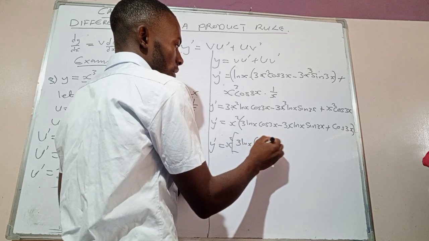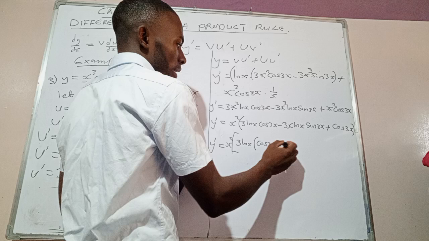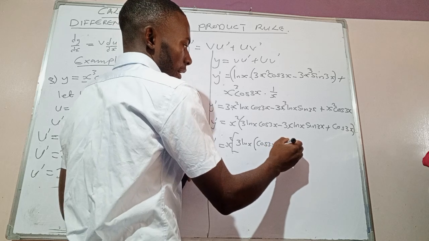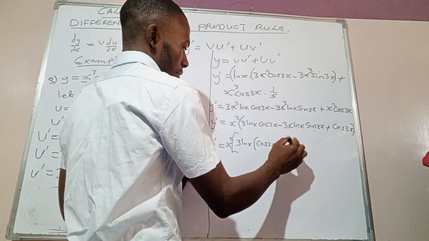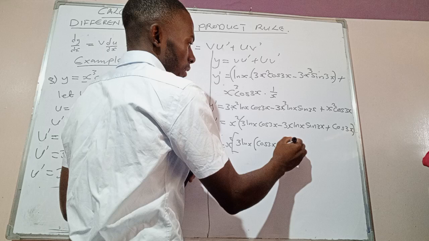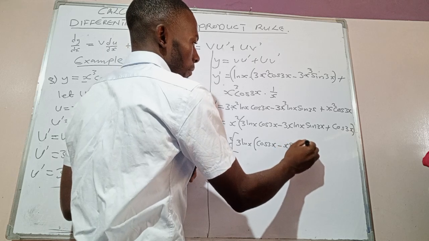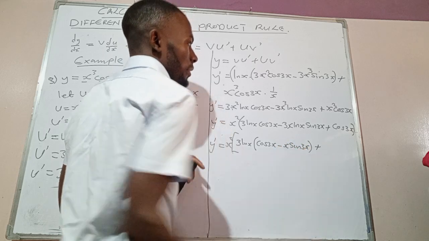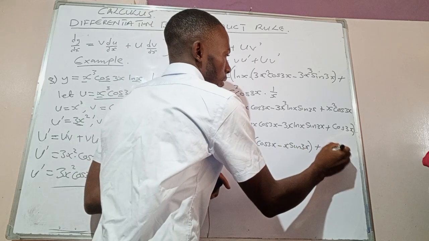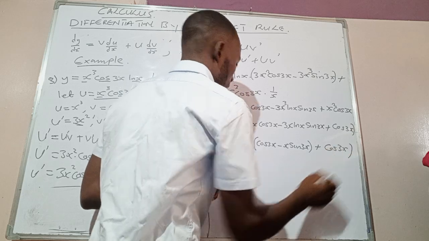Here you remain with cos 3x minus x sin 3x, then plus cos 3x.